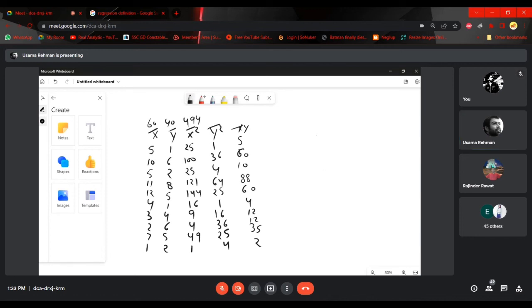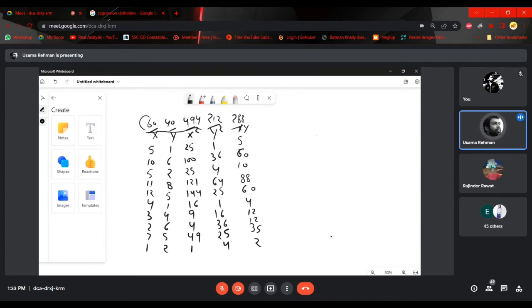Then y square: 212. ओके. x y का भी. So 288. Correct. ठीक है?